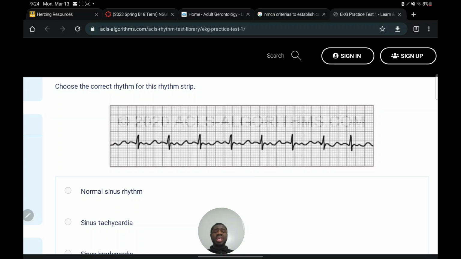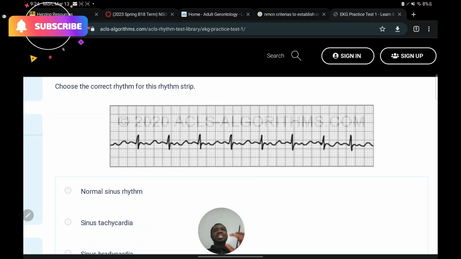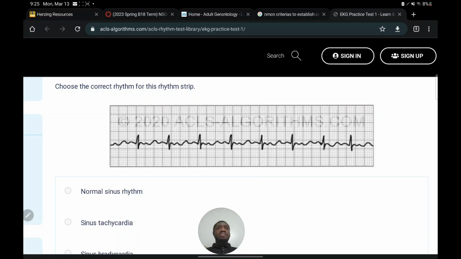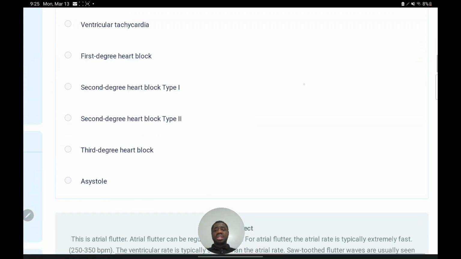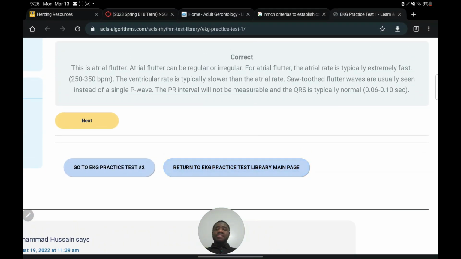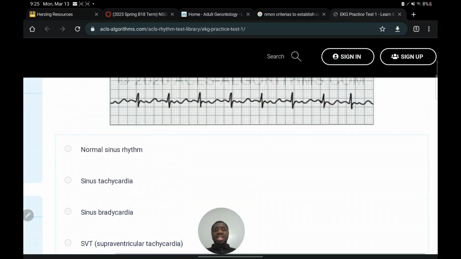The appearances of the P waves here are sawtooth. So this graph is atrial flutter and is a twin brother of atrial fibrillation. Atrial flutter can be regular or irregular.